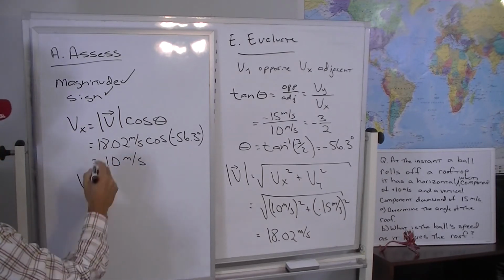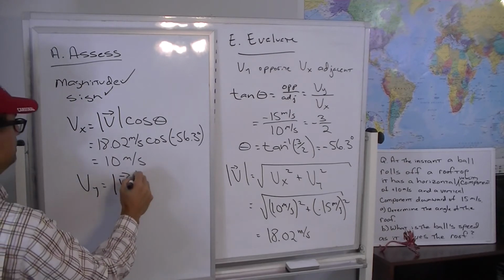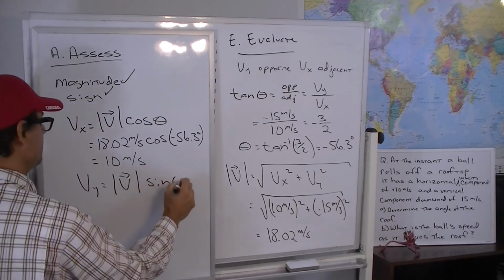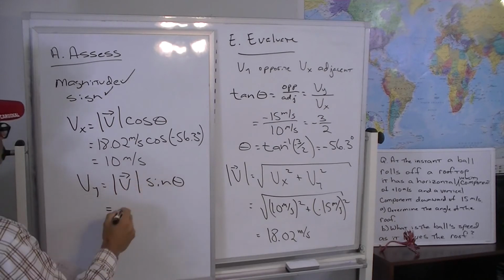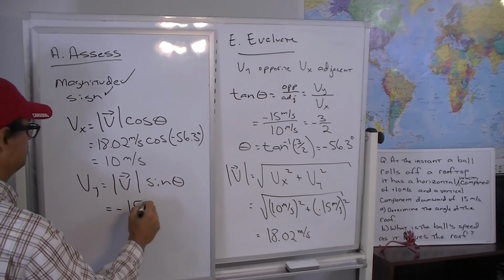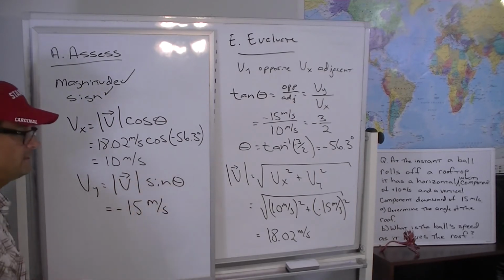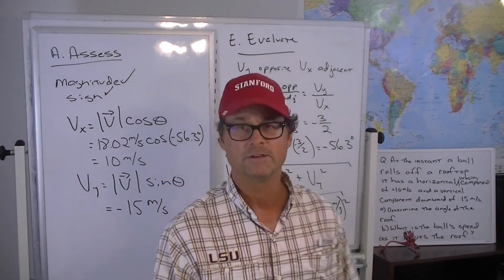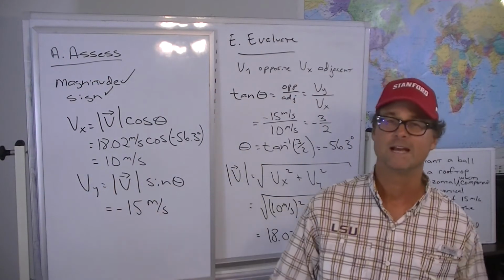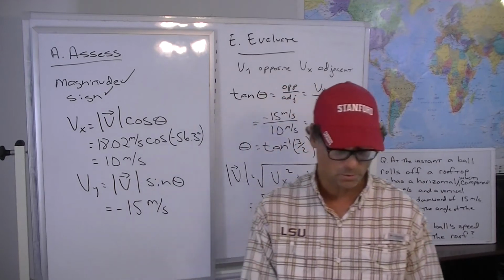Likewise, if we compute the y component from the known information, the magnitude times the sine of the angle, that will work out to be negative 15 meters per second. And once again, within the rounding error, there might be like a 0.99 or a 0.01 or 0.02 involved.